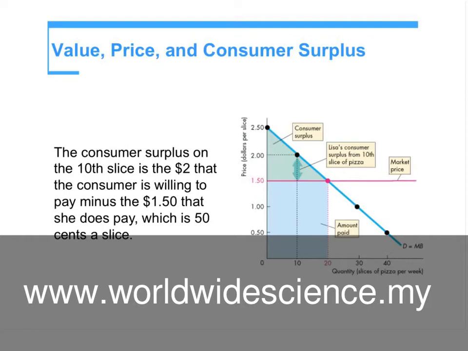What the consumer is willing to pay, minus the $1.50. So there is 50 cents a slice. There is the consumer surplus. As you can see, there's just a 50 cents a slice difference. So this is the consumer surplus from the 10th slice of pizza.